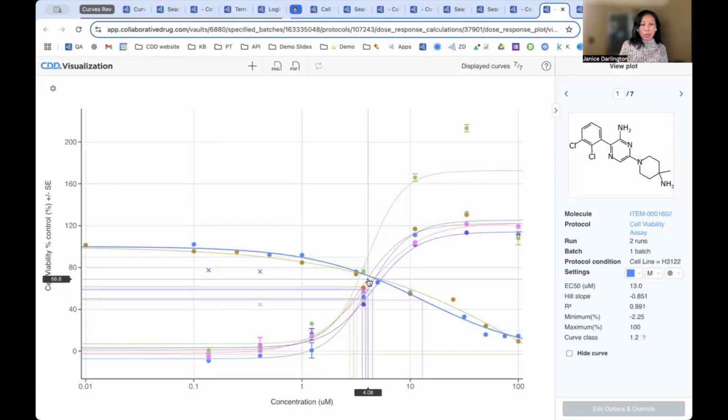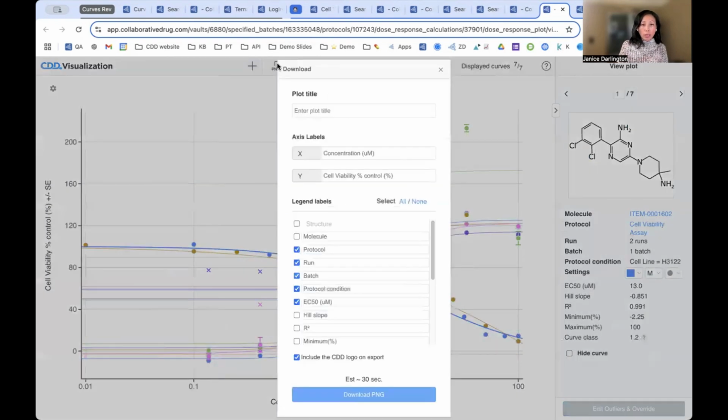So again, here I'll create a plot legend. As I do that, I'm going to want to enter a plot title because I am now looking at two pieces of data, the ALK positive cell viability assay with the PTP inhibition assay.